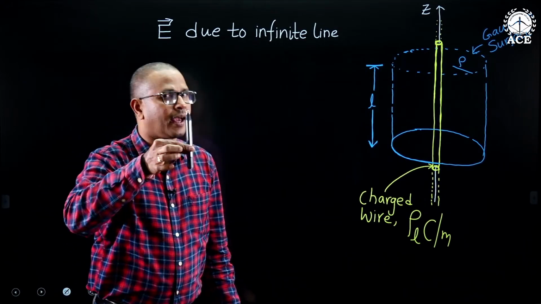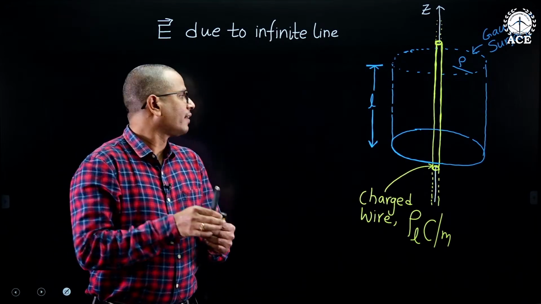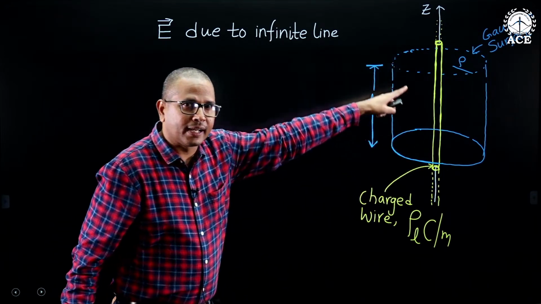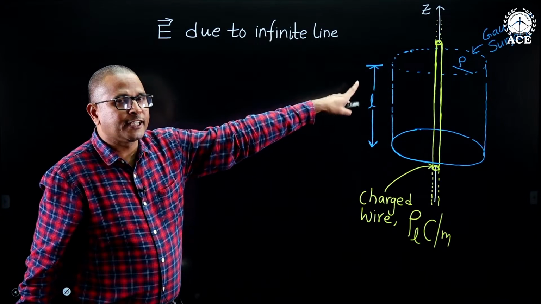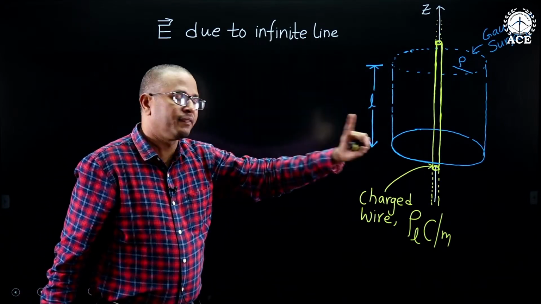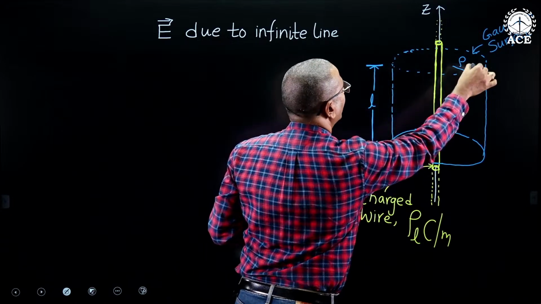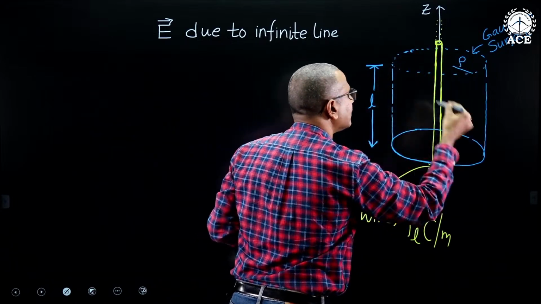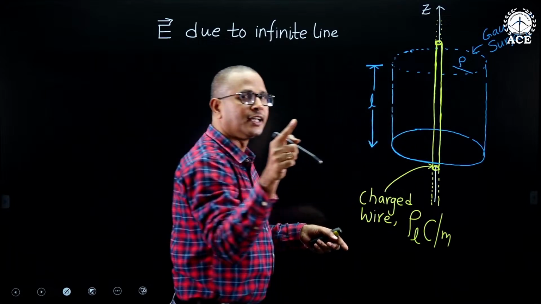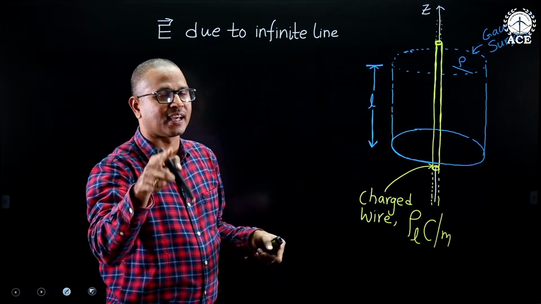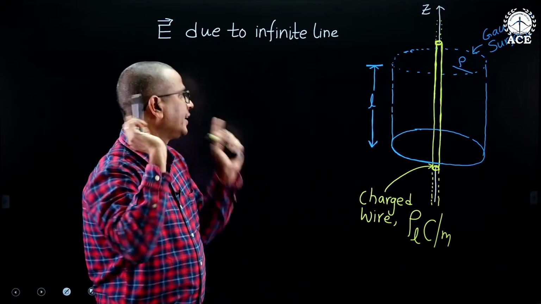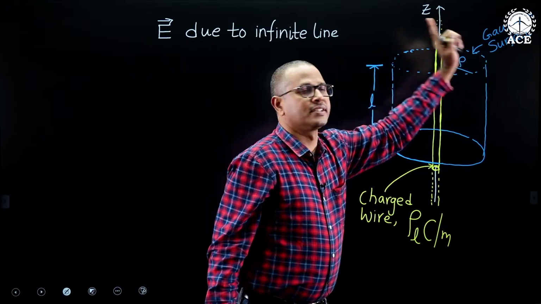What symmetry does the line have? As the line has a cylindrical shape, cylindrical symmetry, select the suitable imaginary closed surface to which Gauss law can be applied. I have taken the blue one, which is the imaginary cylinder. Why a cylinder, dear students? Because my charged wire has cylindrical symmetry. That is the reason. So this is my Gaussian surface.